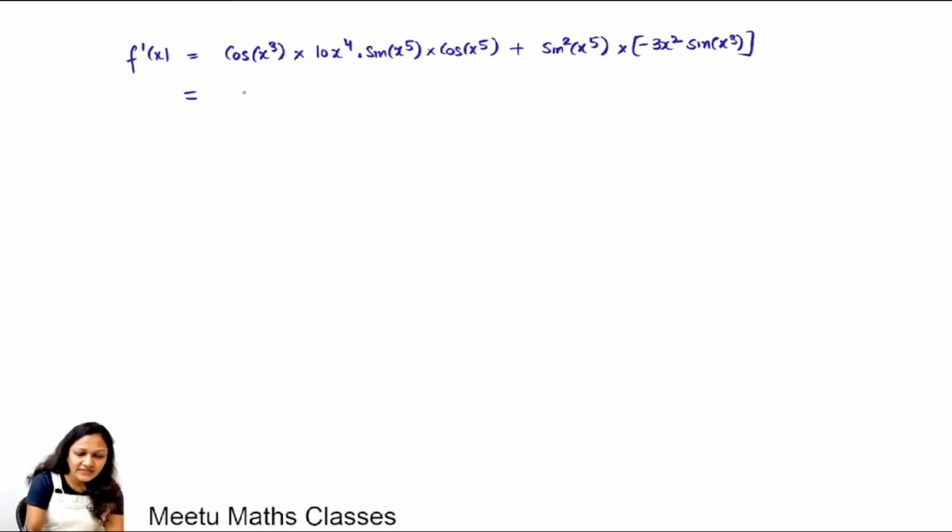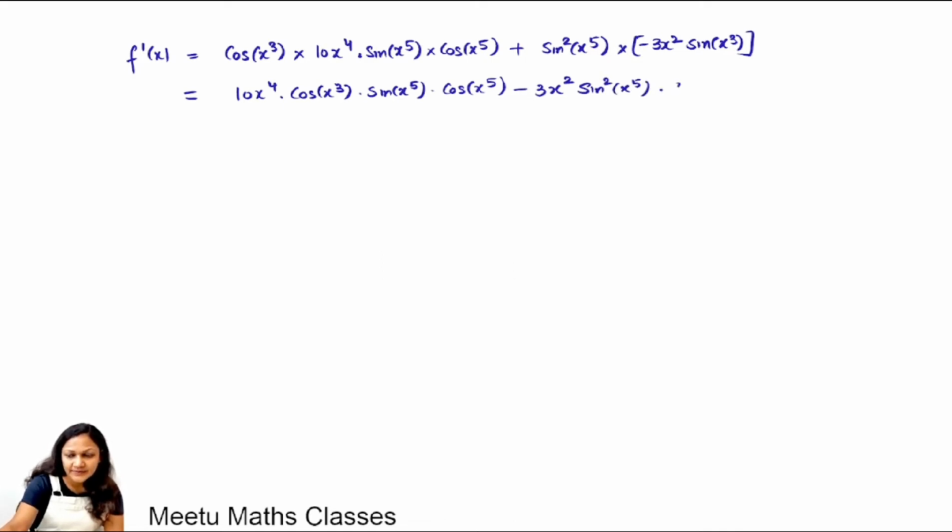So your final answer will be 10x⁴ cos x³ sin x⁵ cos x⁵ plus minus 3x² sin² x⁵ multiplied by sin x³, and this is your derivative of the given function.